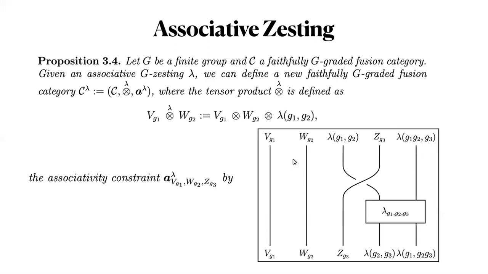Yes. This is using graphical calculus, but of course from this picture, we can also extract a concrete formula of the new F matrices in terms of the old F matrices and the lambdas. Yeah, so it's a concrete thing that we can also do. The important thing here is that given one associative testing, you can construct a new fusion category, changing this one.